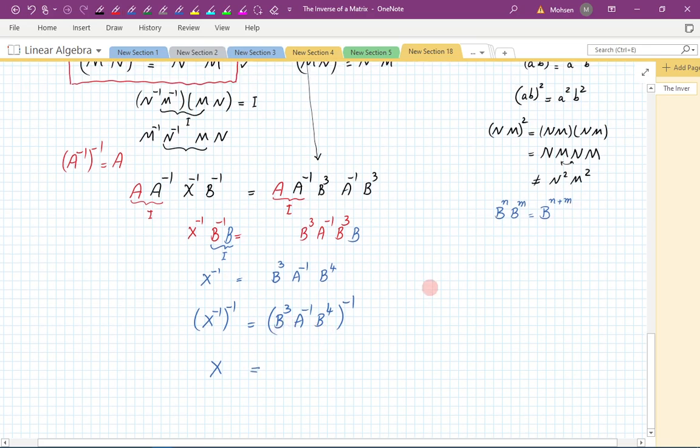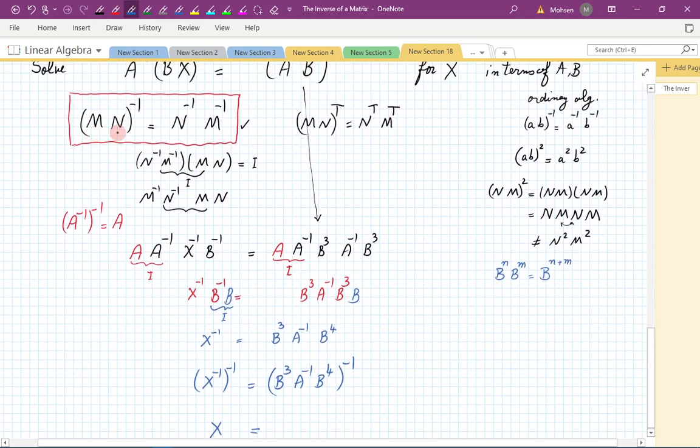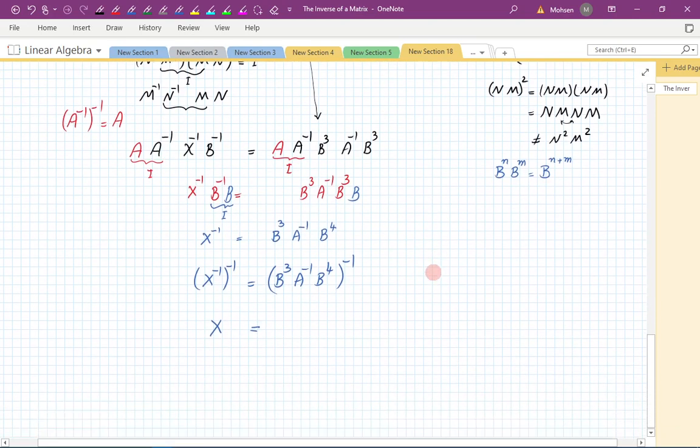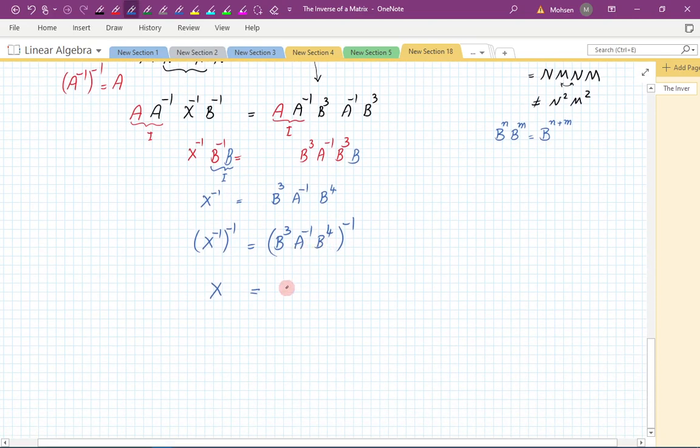And then you are finding the inverse of a product, which is a product of inverses in reverse order. So it becomes b to power of 4, that has to be written with an inverse, then the middle one inverse, then the first one comes last.